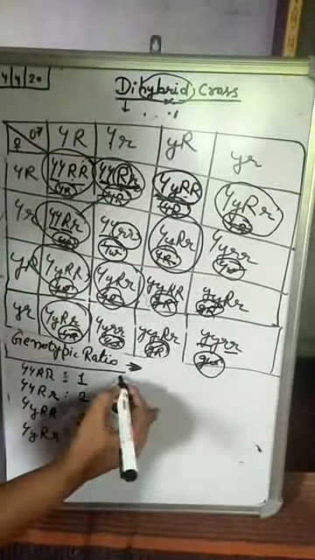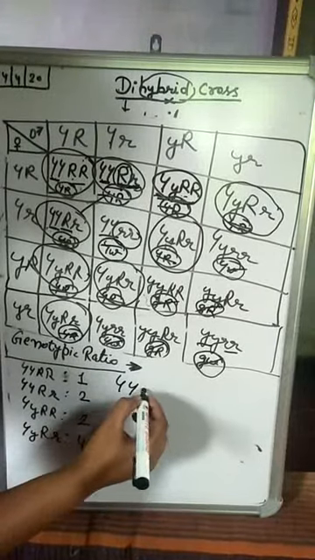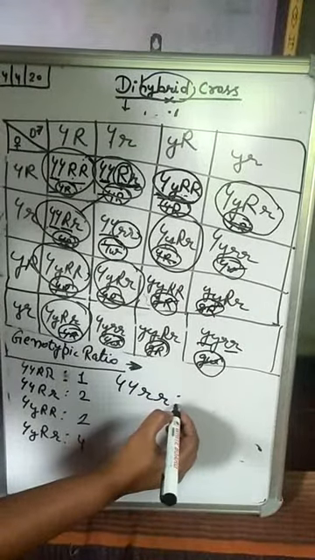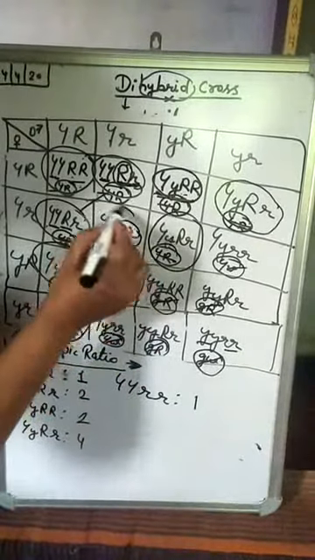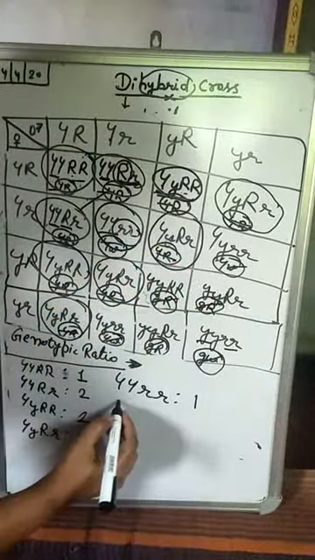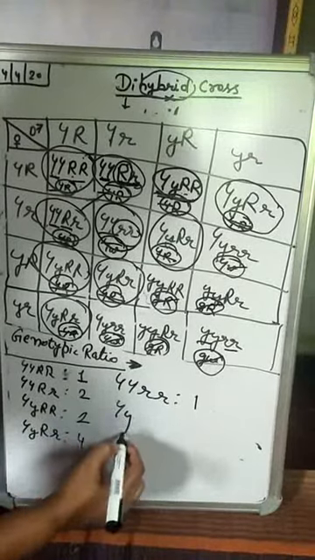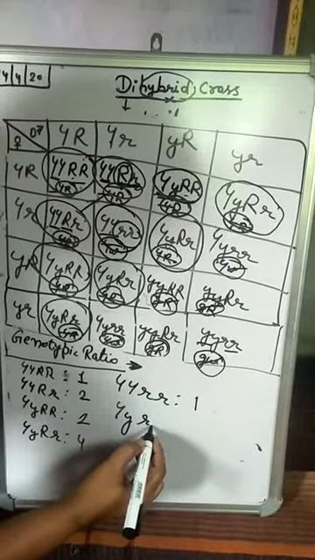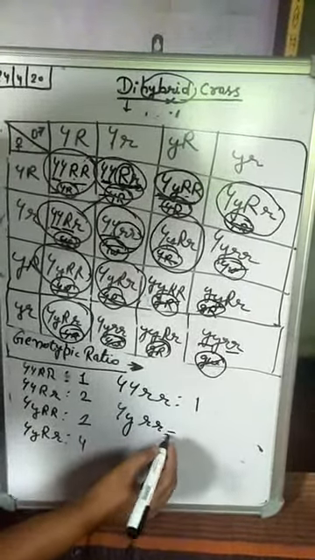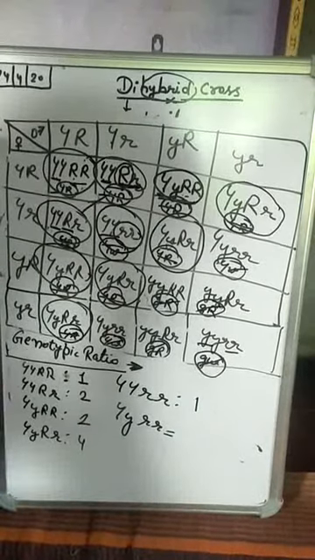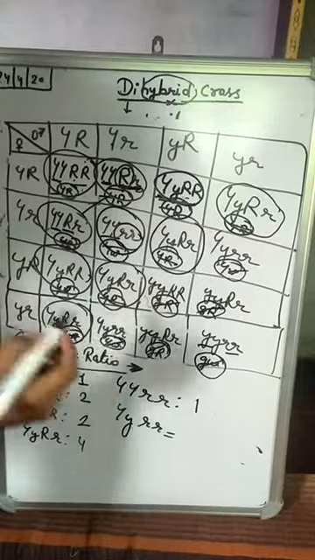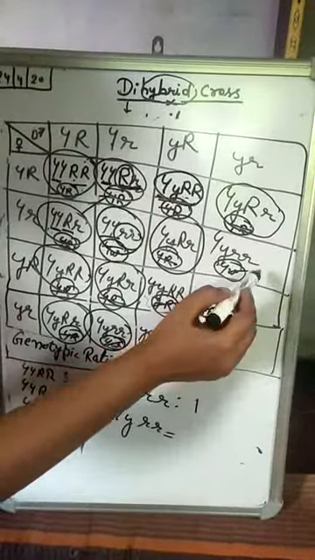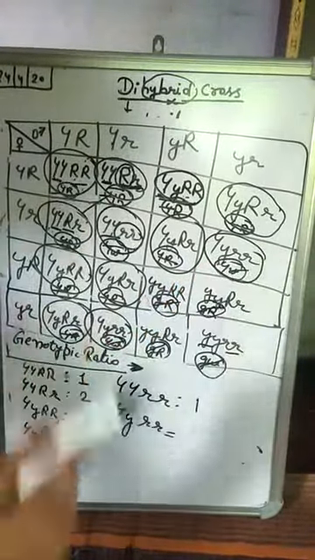Now take this one. Capital Y, small r, small r. This is only one. Capital Y, small y, capital R, capital R. How many are there? Capital Y, small r, small r. One and two.